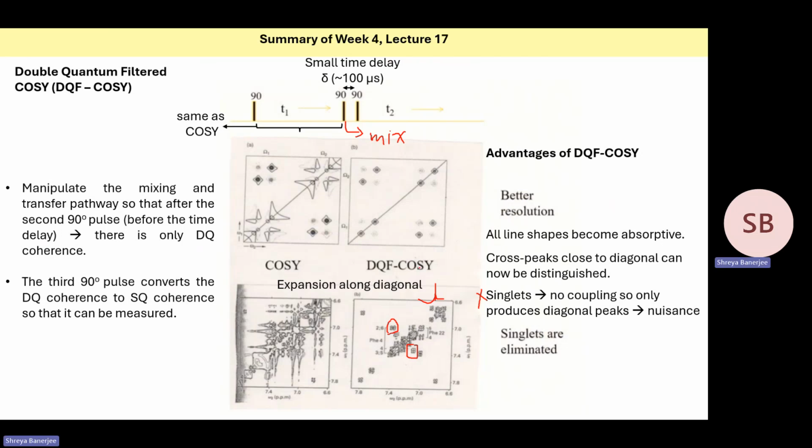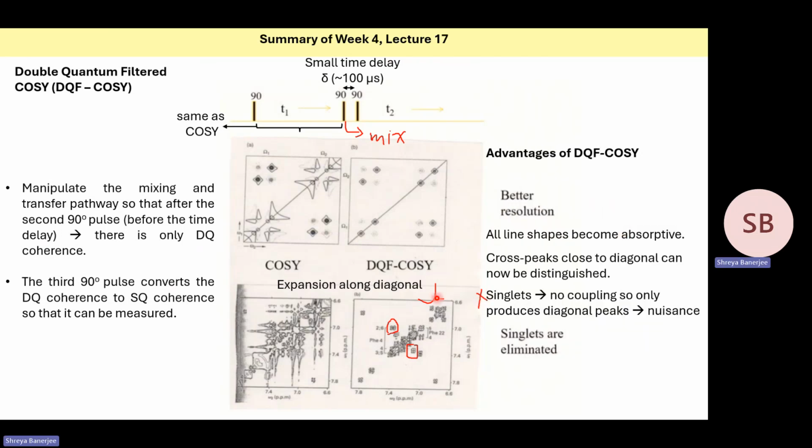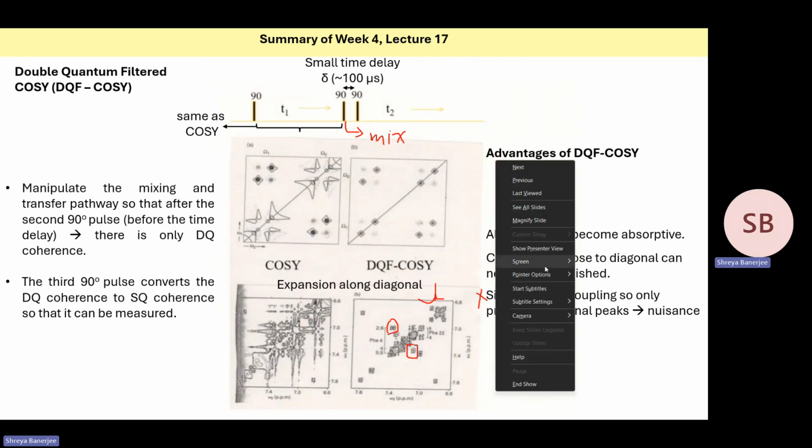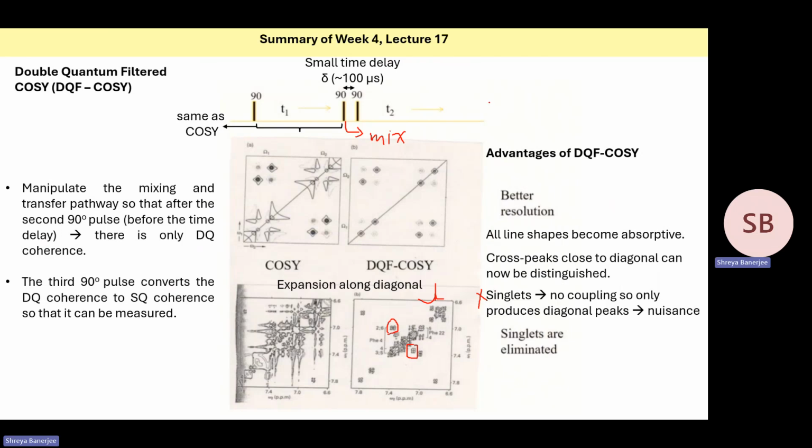The third advantage of DQF COSY is that all singlets are eliminated. So any proton that is not coupled with some other proton gets eliminated. An example of such a proton is, let me draw, an aldehyde proton, and then suppose you have other CH2, CH2.